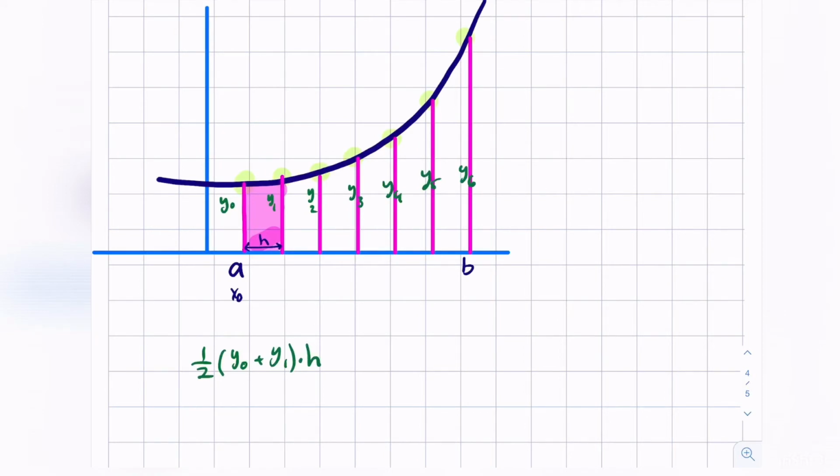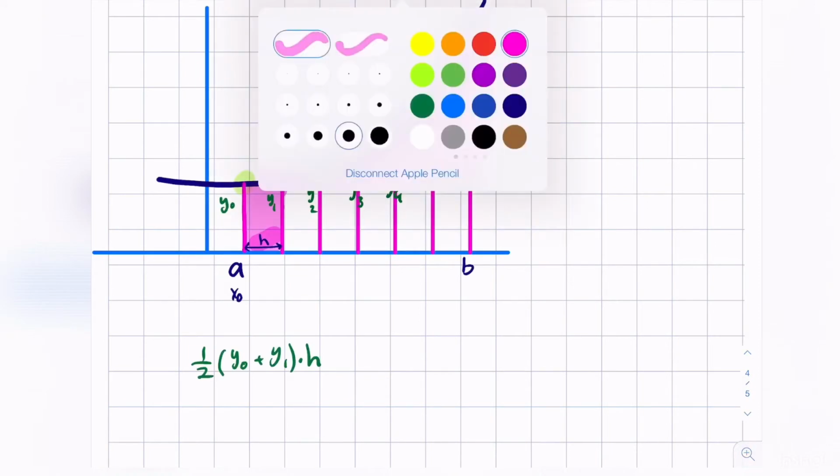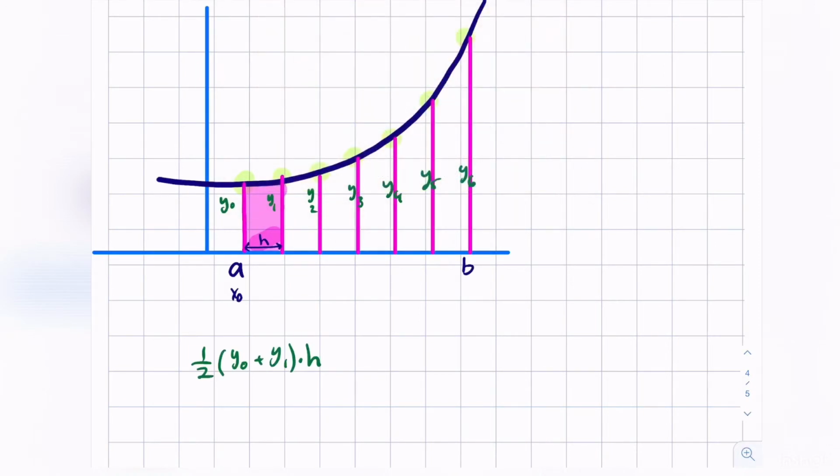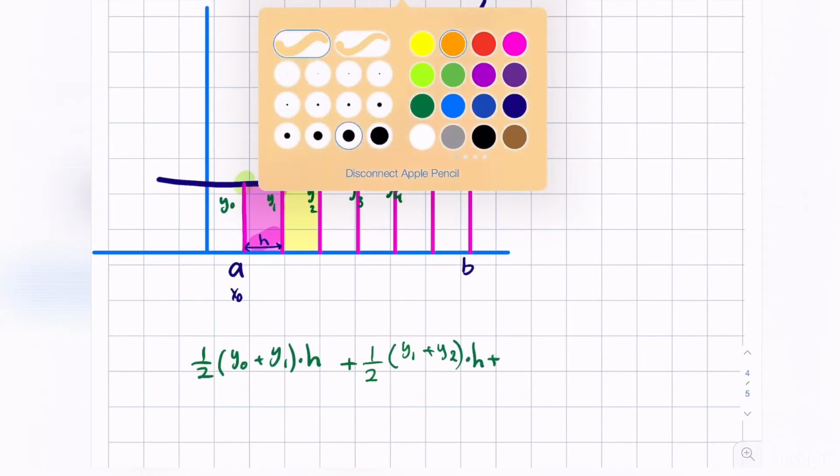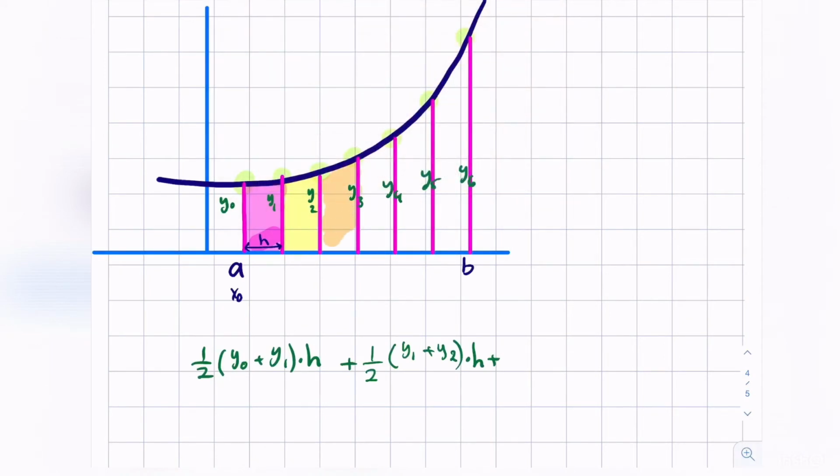And for the second strip, the yellow one, it's going to be plus 1/2, then y1, these are the sides for the second strip, plus y2 multiplied by h, plus the third one, which is the orange, and the sides for it are y2 and y3.